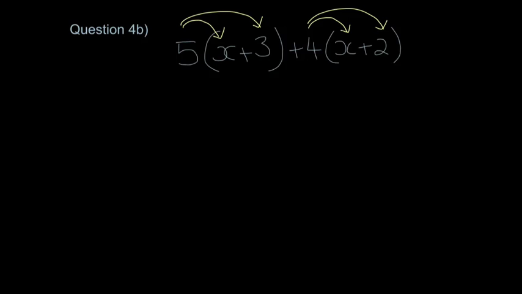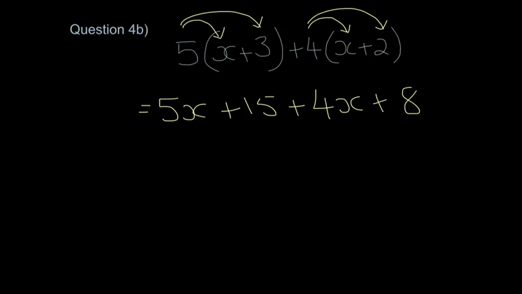So 5 times x, in our next line, will be 5x, 5 times 3 is 15. We've got 4 times x, which is 4x, and 4 times 2, which is 8. Okay, next step, let's bunch those like terms. First of all, identify them.